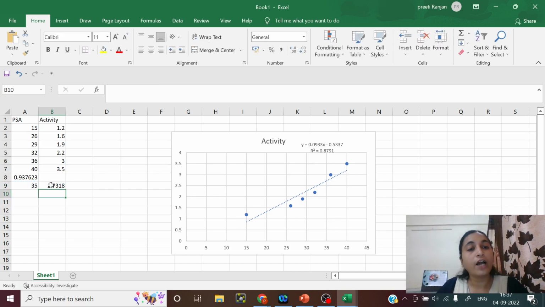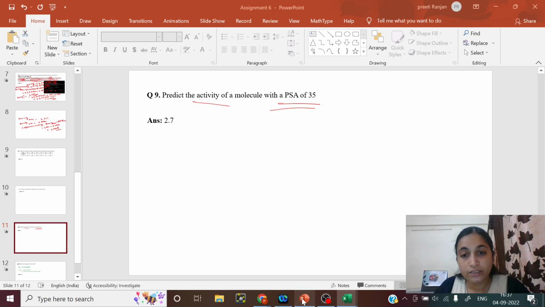So the activity of this polar surface area 35 is 2.73. So answer will be 2.73 or 2.7. You understand? Should I repeat again?